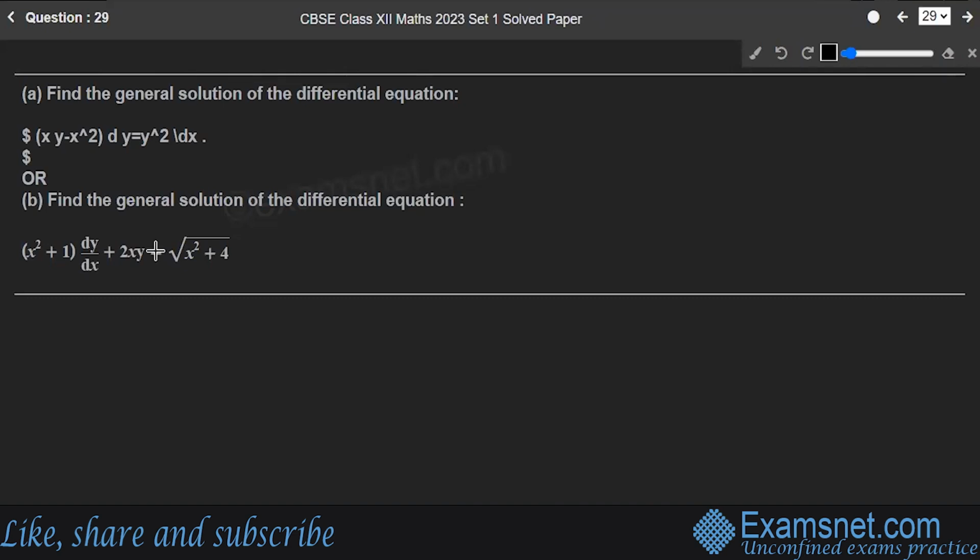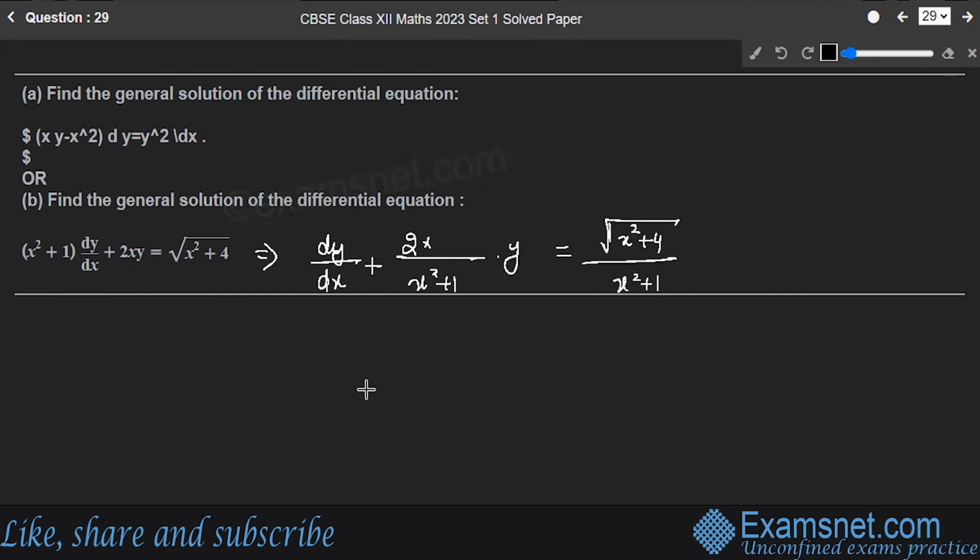So B part of the question says find the general solution of the differential equation x squared plus 1 dy by dx plus 2xy is equal to root of x squared plus 4. I'll do one thing. I'll start from here only, and dividing both sides by x squared plus 1 will give you dy by dx plus 2x upon x squared plus 1 into y is equal to root of x squared plus 4 divided by x squared plus 1.